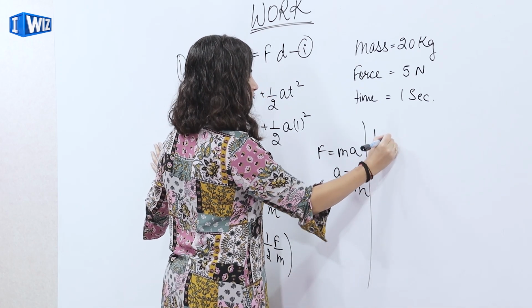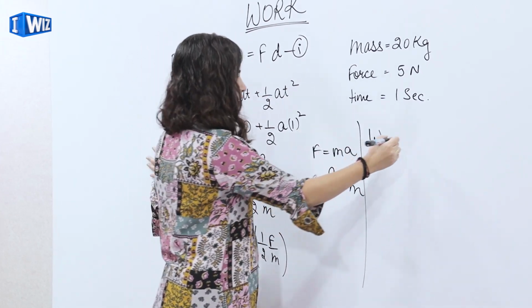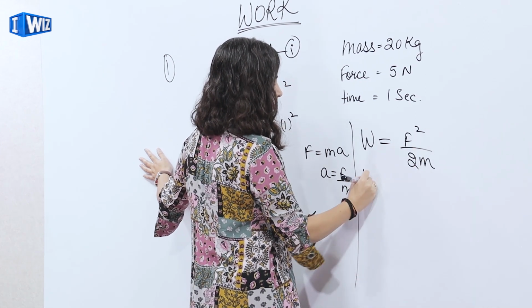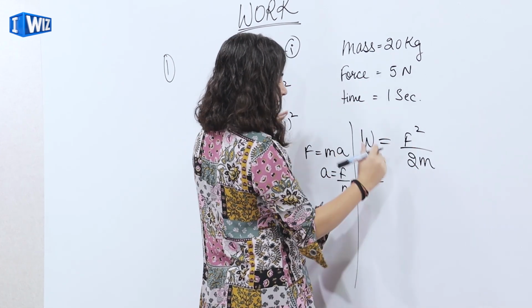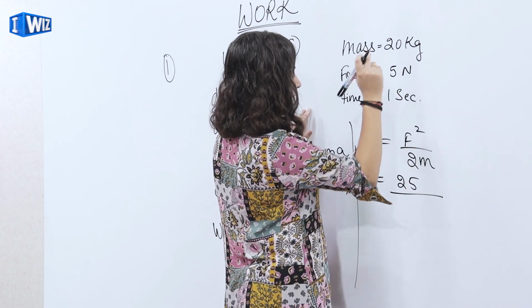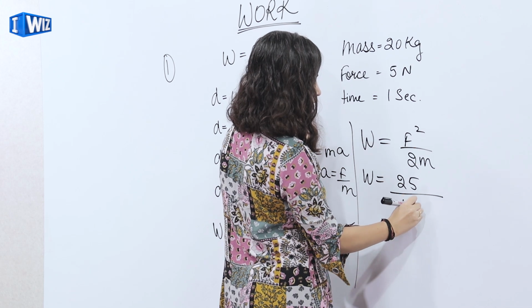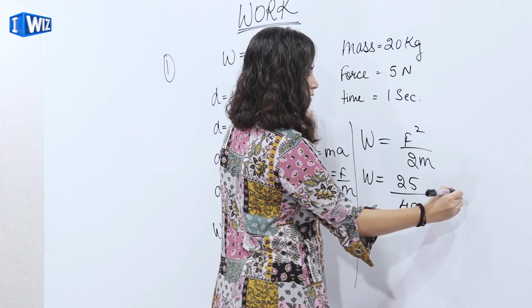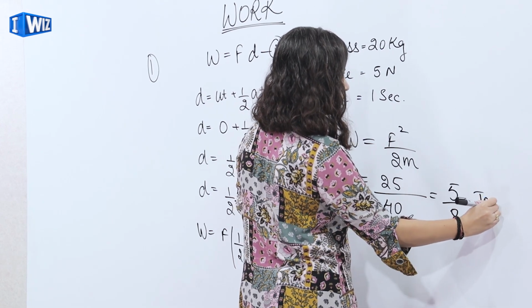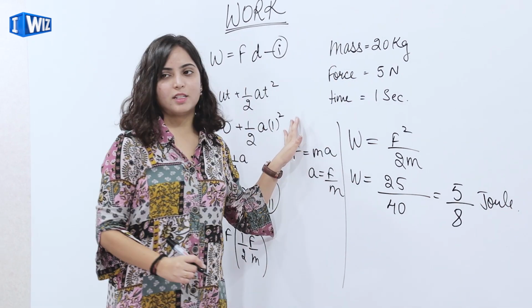Here work done is equal to F square upon 2m. Force is 5, so 25, mass is 20, so 40. That is 5 upon 8 joule. So this is the work done.